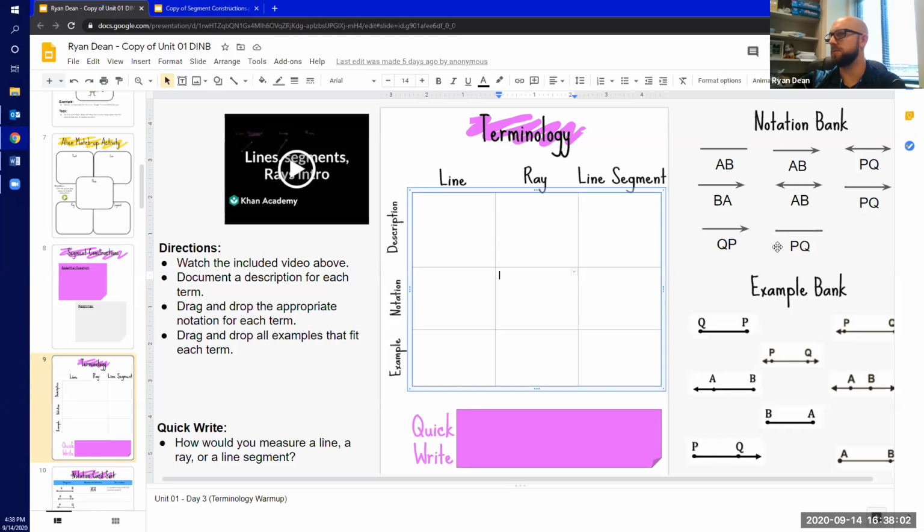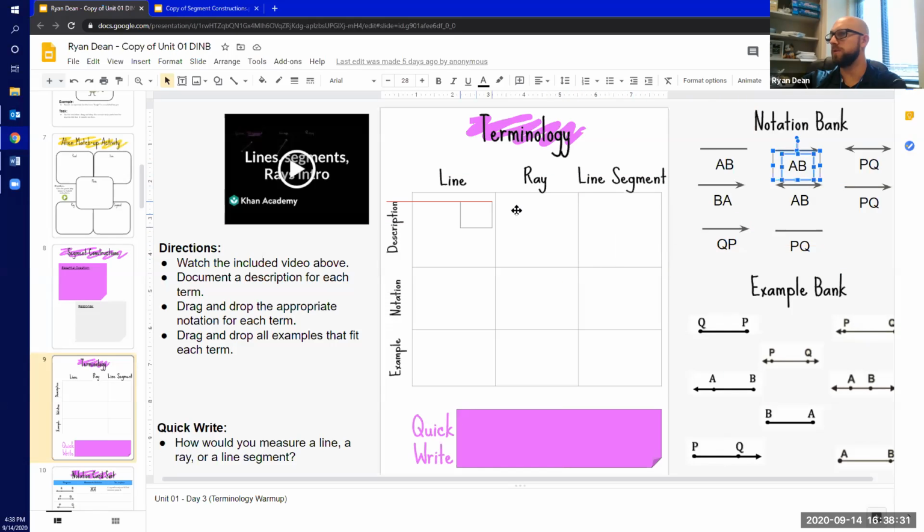And we've got some other things over here on the side. Here's some notation bank. What you need to do is watch this video first and then go through, document the description for each one of these, and drag and drop the appropriate notation for each term. So we've already done this in the PowerPoint slide, and notice that there's multiple ones, right?